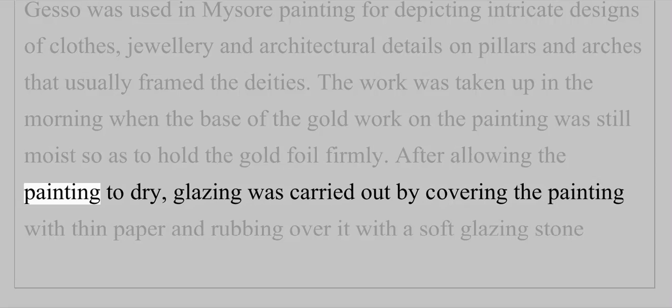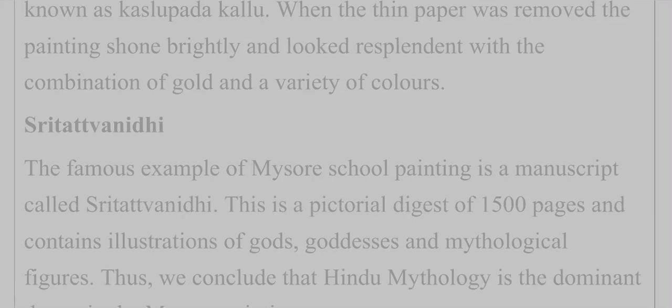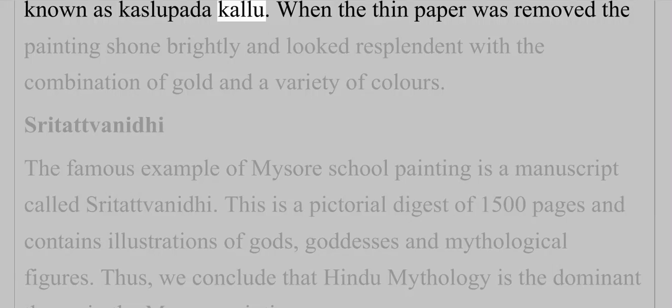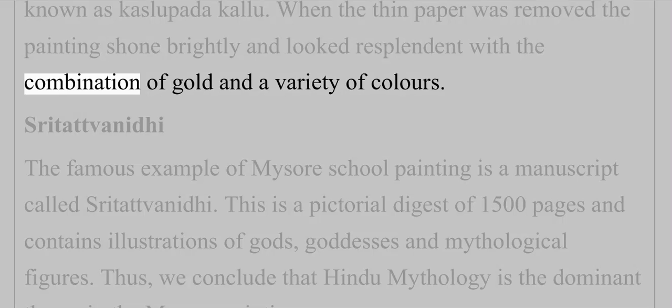After allowing the painting to dry, glazing was carried out by covering the painting with thin paper and rubbing over it with a soft glazing stone known as Kaslubda Kallu. When the thin paper was removed, the painting shone brightly and looked resplendent with a combination of gold and a variety of colors.